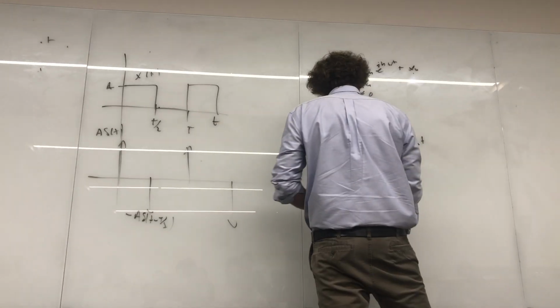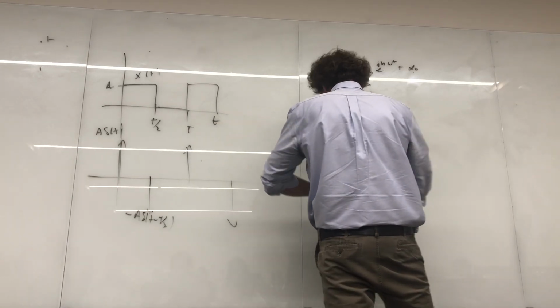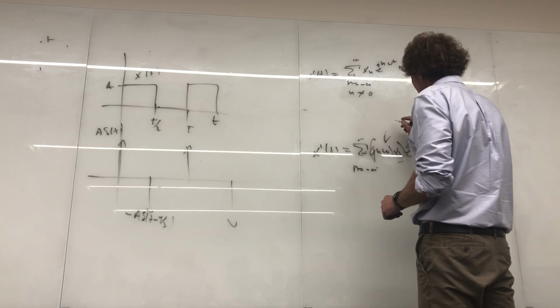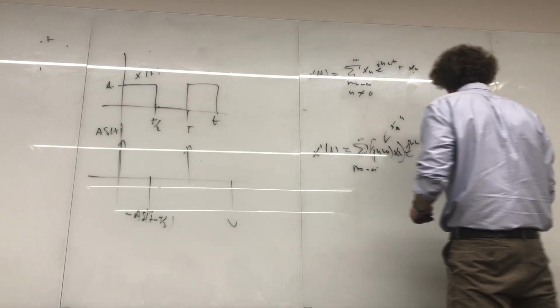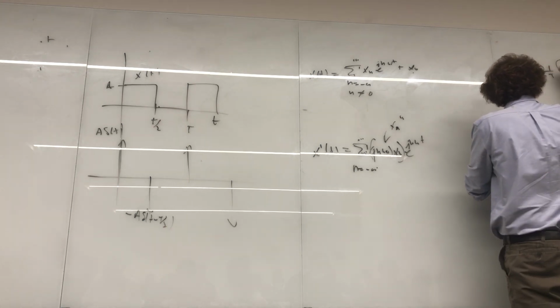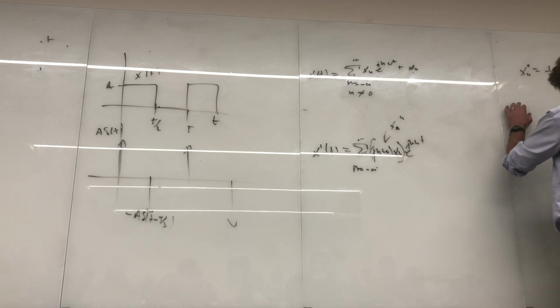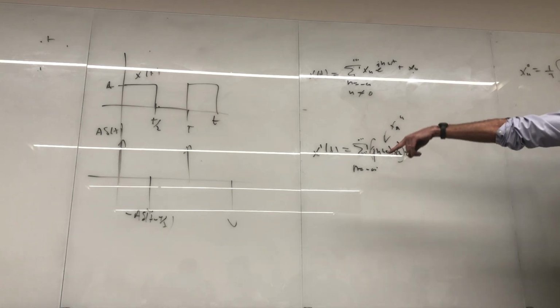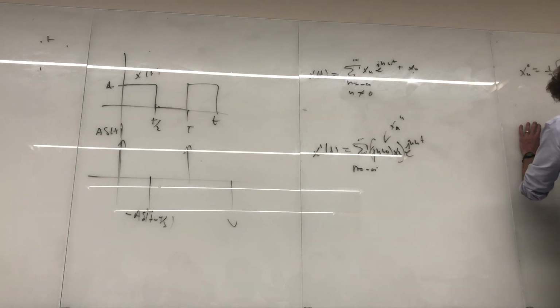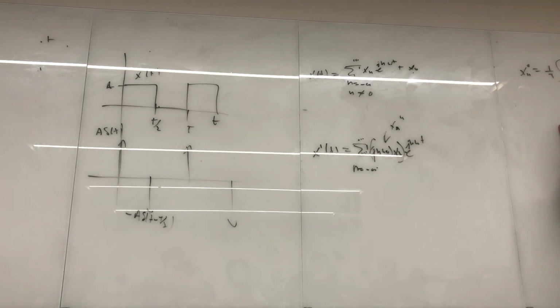And the sum is from n equals minus infinity to infinity, right? And now this becomes my x of n prime. And I can say my x of n prime is 1 over t, the integral, and it's over a period, of that right there, which is now a times quantity delta of t minus delta of t minus t over 2, times e to the minus j n omega naught t dt.